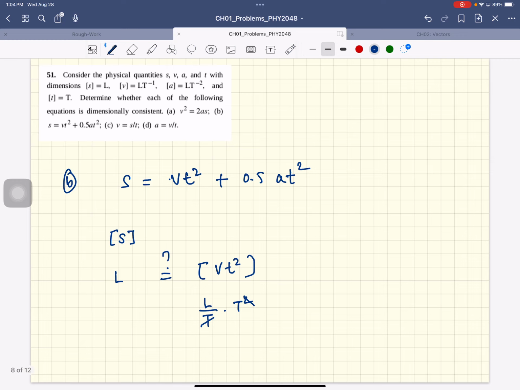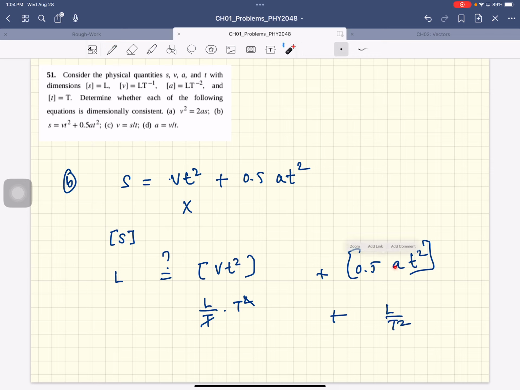So right away you can see that the dimension of the first term is L times T, which is not equal to that. This guy doesn't have that dimension. So we already know that this equation can't be right. And the dimension of 0.5 A T squared is L over T squared.